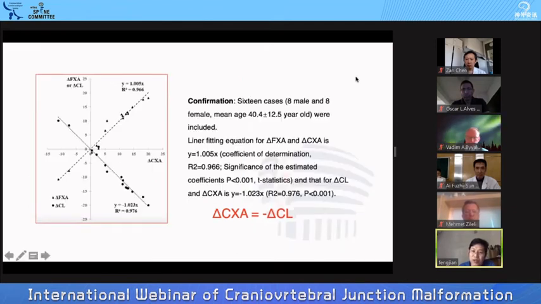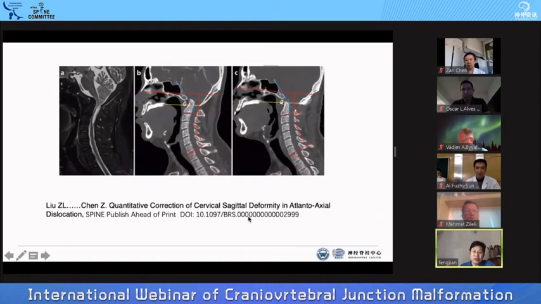Now this is a confirmation. We confirmed this formula using 16 cases. This is an example. The change of clival axial angulation equals the C2-C7 Cobb angle.